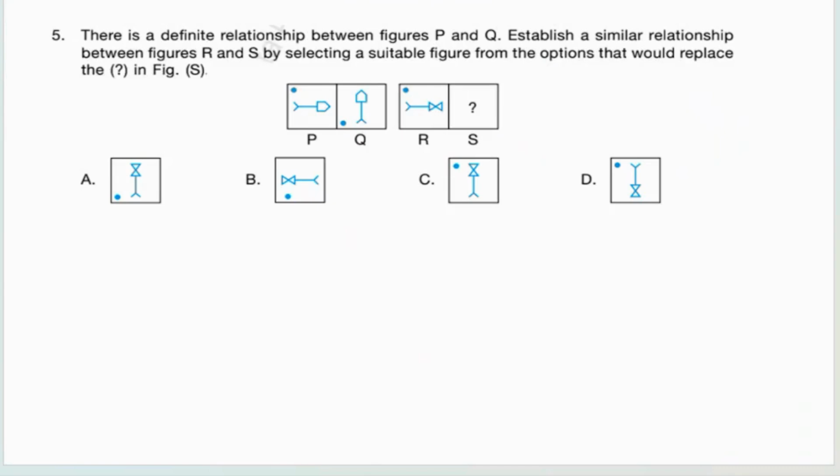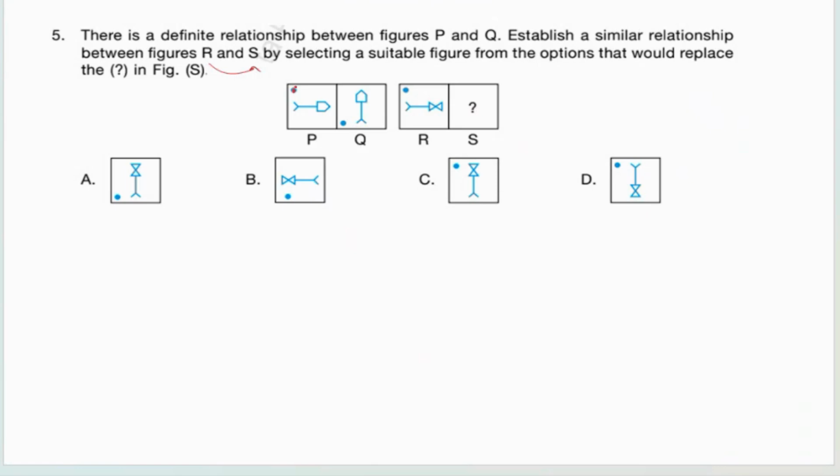Coming to the next, there is a definite relationship between figures P and Q. Establish a similar relationship between figures R and S by selecting a suitable figure from the options that would replace the question mark in figure S. If you see here, one dot is given, and I need to check the position of the dot. In this question, I need to check the positions as well.